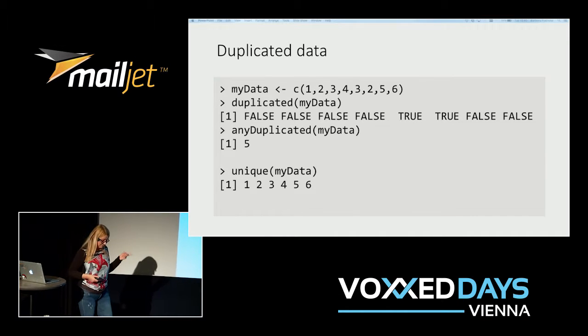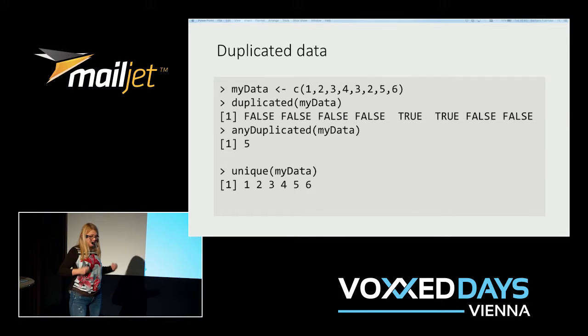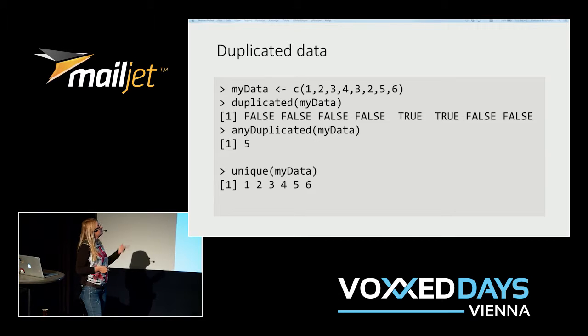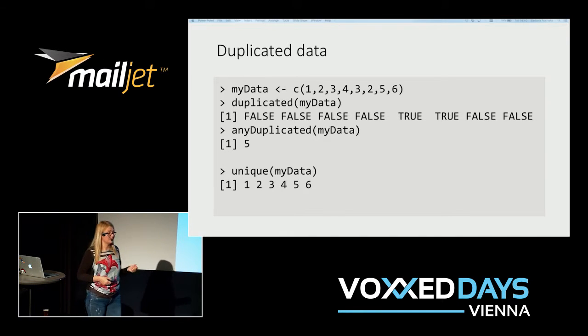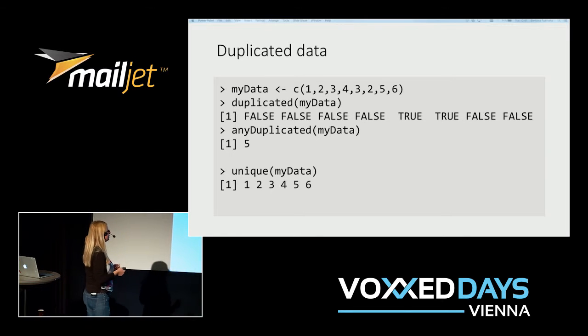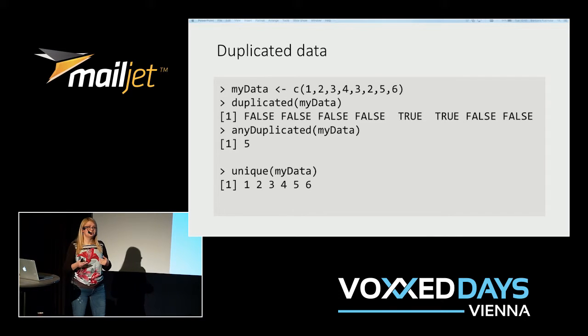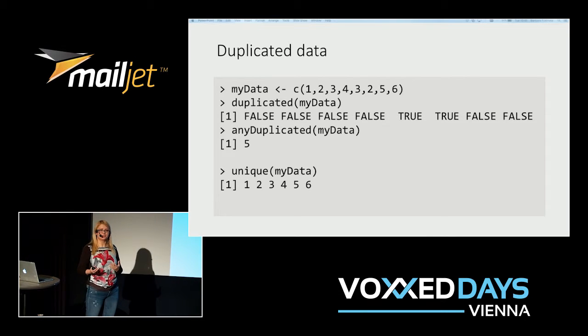So I figured there are several rows that are the same, and there is a simple way to recognize it. There is a function called duplicated, and it returns a vector of logical values and tells you which elements are duplicated.